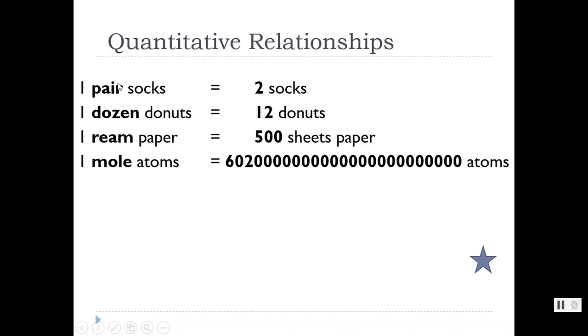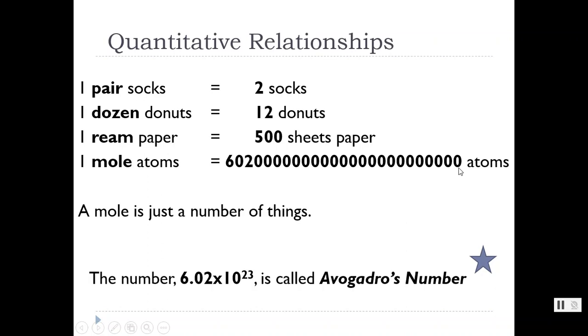And just like pair, dozen, and ream, those have a quantitative relationship that is always constant, meaning a pair is always 2, a dozen is always 12. 1 mole of whatever you are counting, in this case atoms, is this huge number of atoms. In scientific notation, which is going to be your friend when writing this number, that number is 6.02 times 10 to the 23rd.